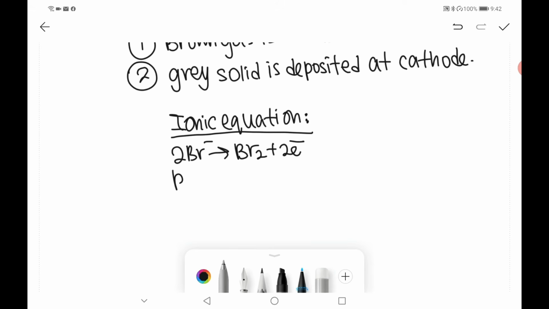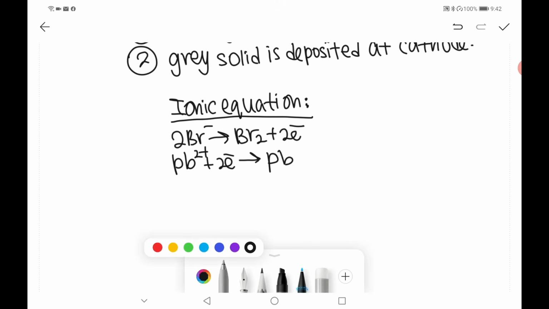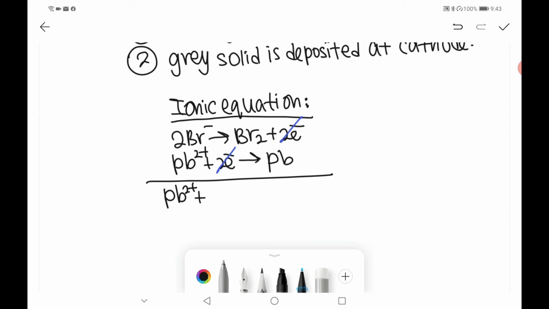The second one is Pb²⁺ plus 2e⁻ becomes Pb. To combine the half equations, the electrons must be the same. Now both of them have 2 electrons, so we can combine directly and cut the electrons away. When we combine, Pb²⁺ plus 2Br⁻ becomes Pb and Br₂. By doing that, we already get the ionic equation.